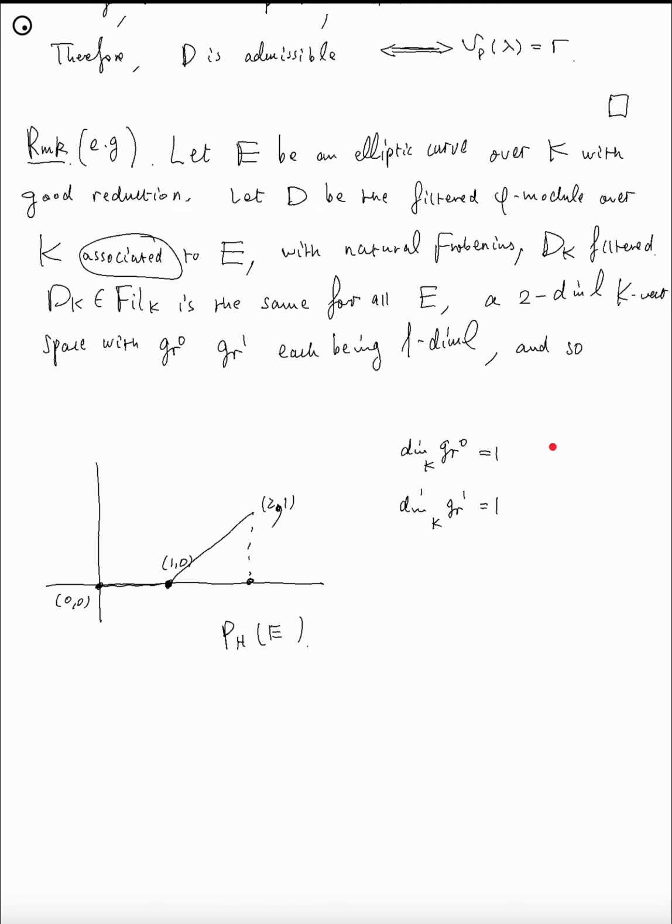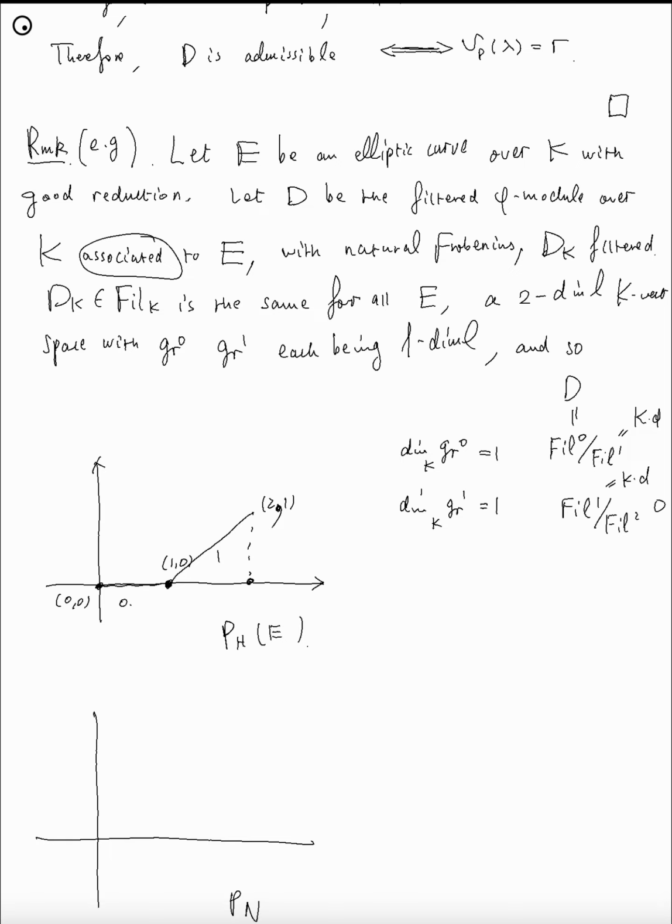So you have Fil 0 quotient Fil 1, Fil 1 quotient Fil 2. This is D, and then this is dimension 1, this is dimension 1, this is 0, and so the jumping position is 0, and then that dimension is 1, right?